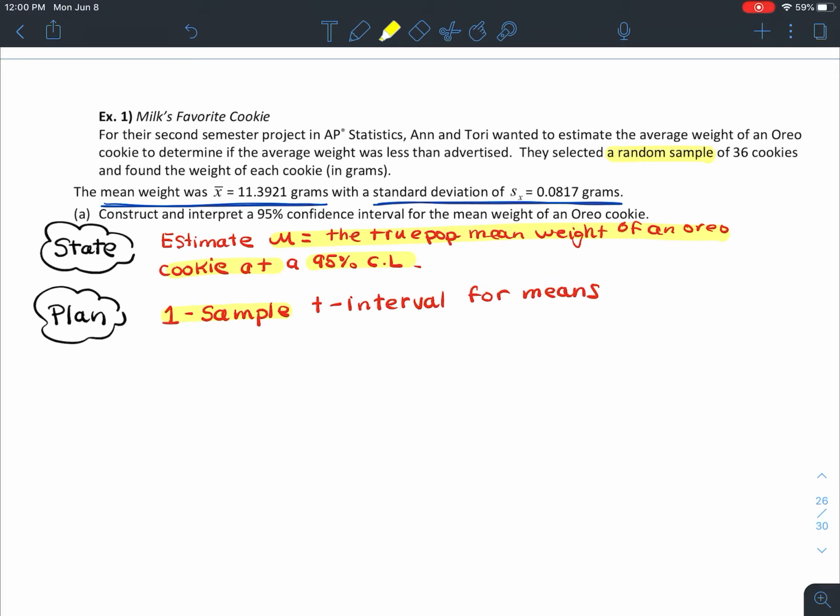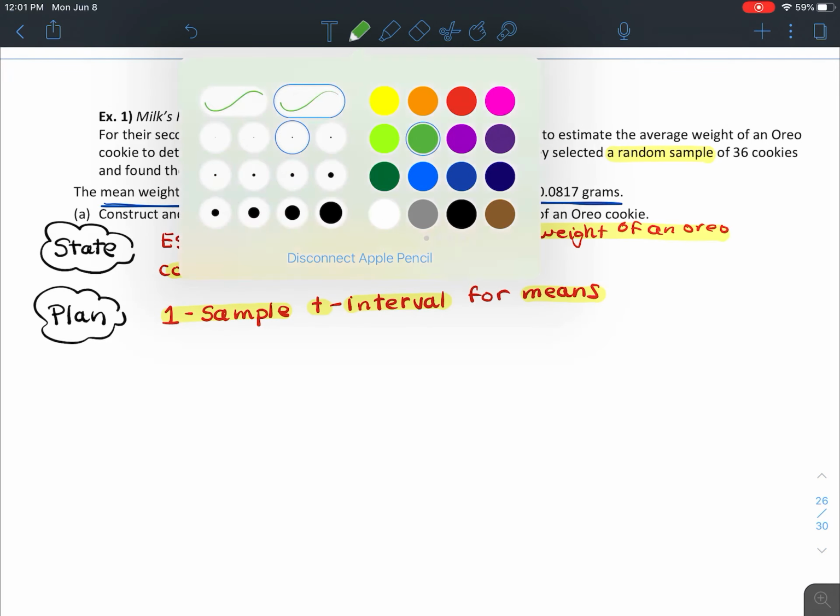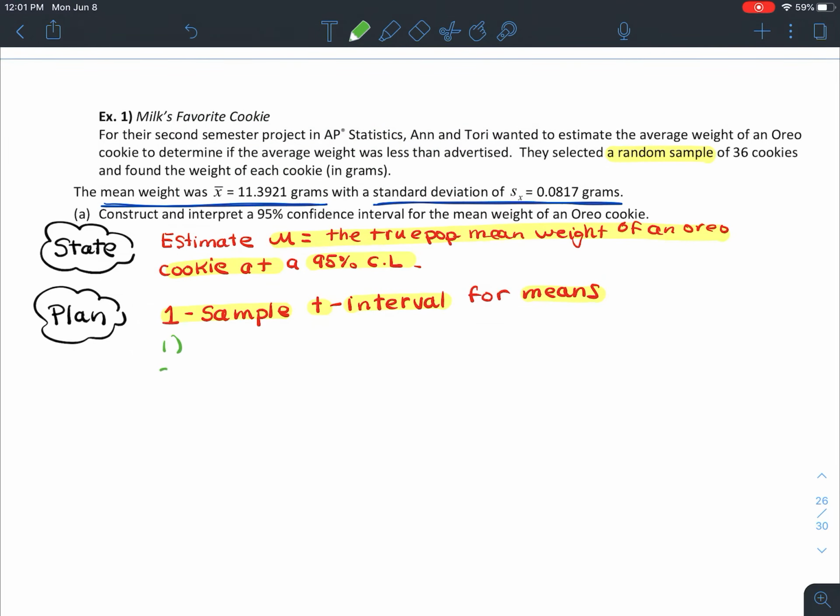The one sample is because it didn't say Anne and Tori took 2 samples, which we'll get to in a later chapter. So this was one sample. We are using t-scores, and t is very important here. Interval identifies that this is a confidence interval, and we are estimating a mean here, not a proportion.